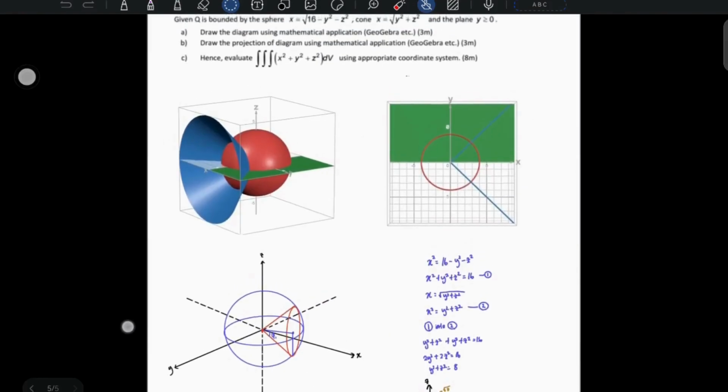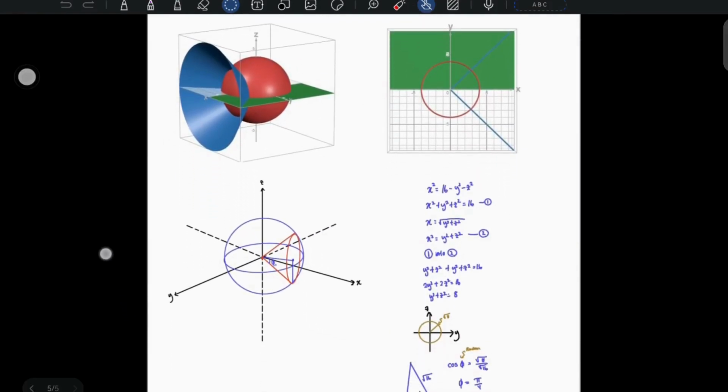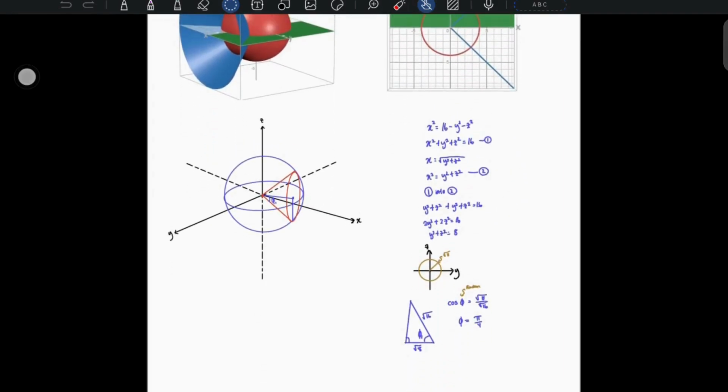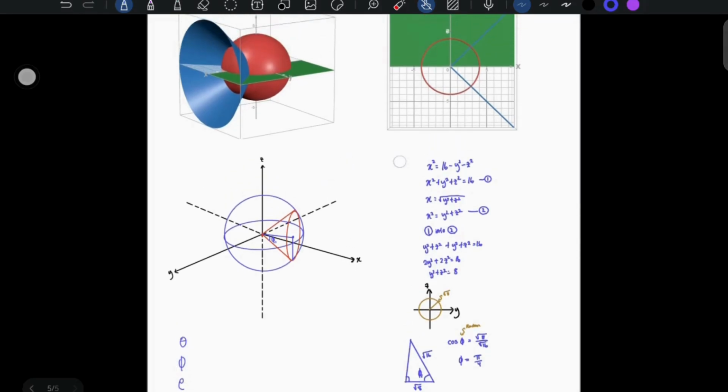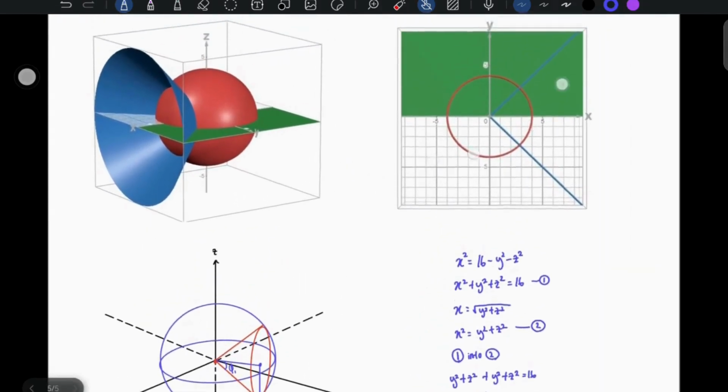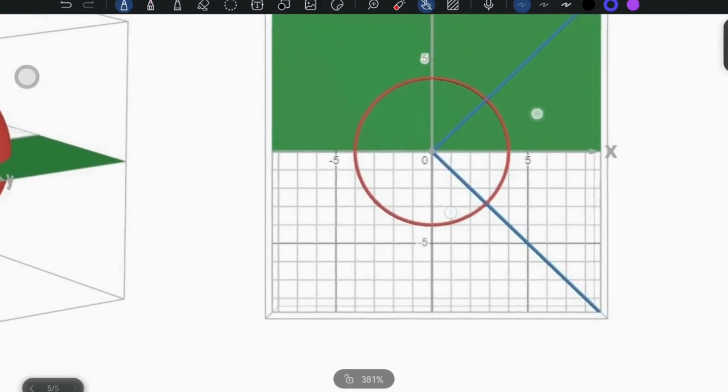This is the diagram that we drew before using the website, and this is the diagram that I drew. To find the volume, first we need to identify three unknowns, which are theta, phi, and rho. The angle theta we can identify using the projection from this.